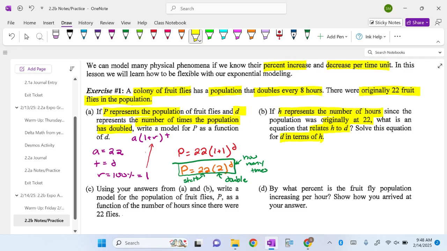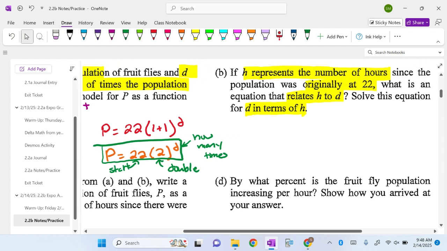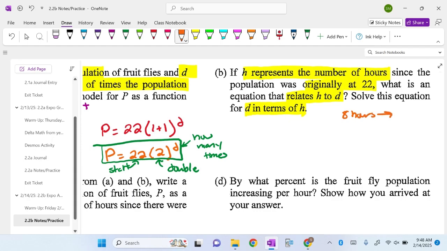All right, so first off, how many hours does it take for the population to completely double? What does the problem say? 8 hours. All right, so every 8 hours, that means we double one time.